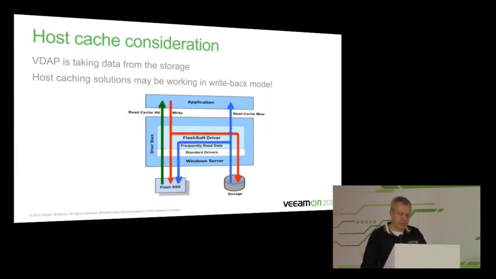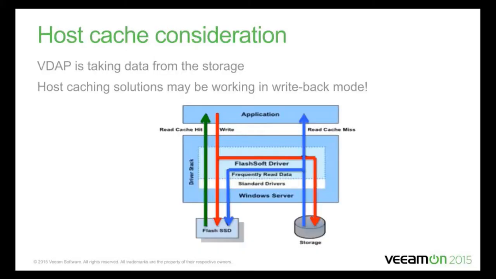There is one consideration that we have to think about, because at host level we can have some kind of cache, so a host-side cache. We can have two different types of cache, write-through caches, that are mainly called read-only caches, or in some cases write-back caches.